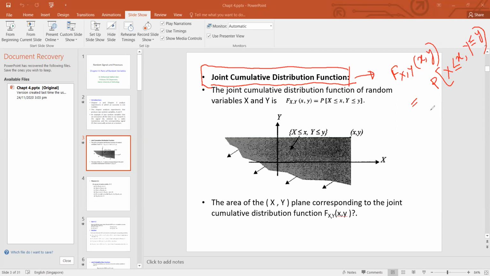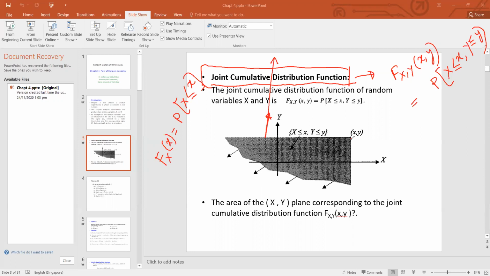Remember, in our normal case, when we try to find F_X(x), it equals the probability of X less than or equal to x. Only this one. There is nothing regarding y. On this y-axis there is a variable also, but previously that was up to infinity.